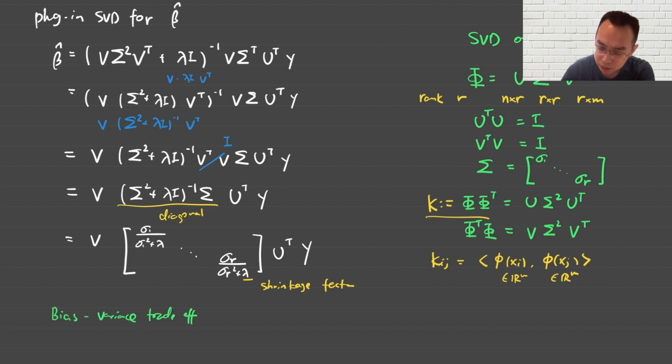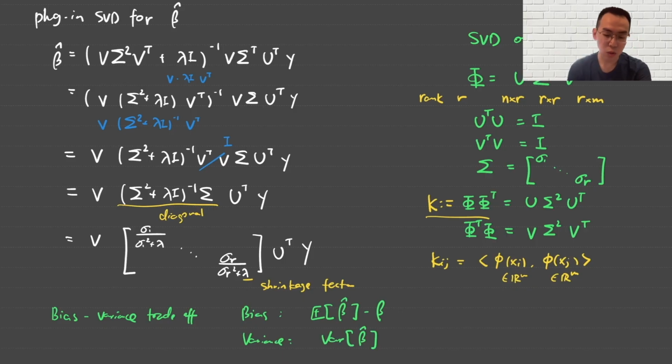The bias is defined as the expected value of beta hat minus beta, and the variance is the variance of beta hat. If you plug in beta hat, you can compute the bias and variance for ridge regression and compare that to OLS.